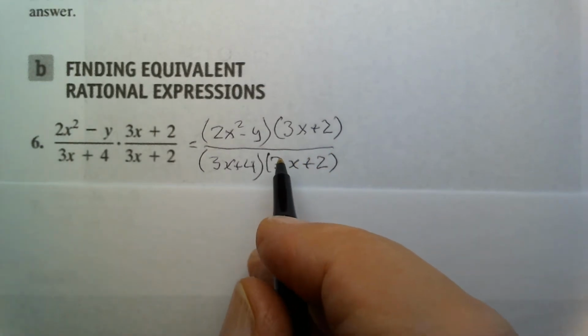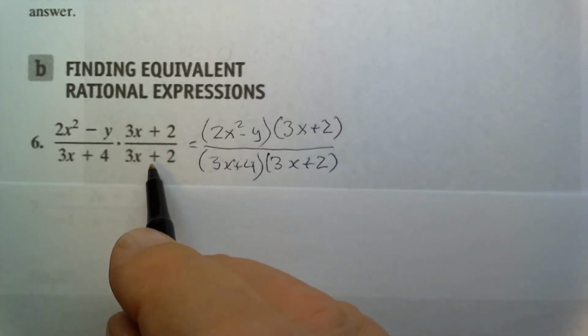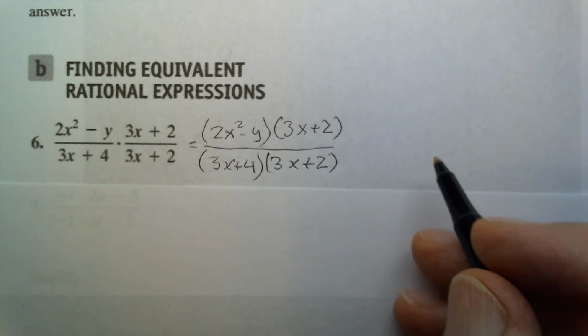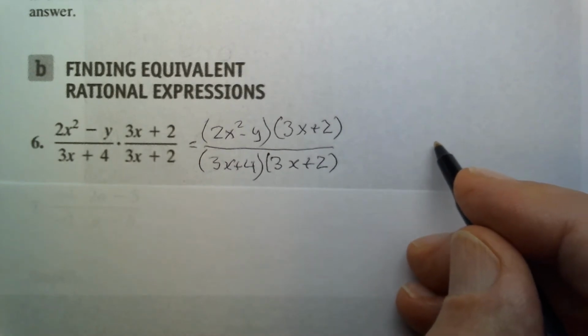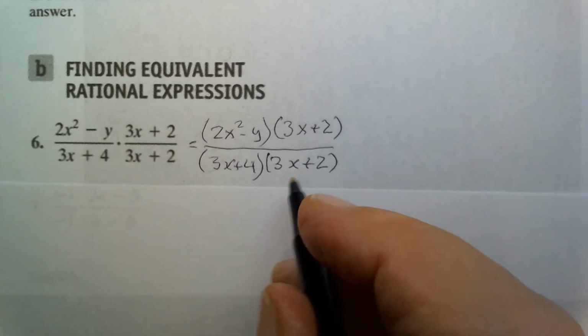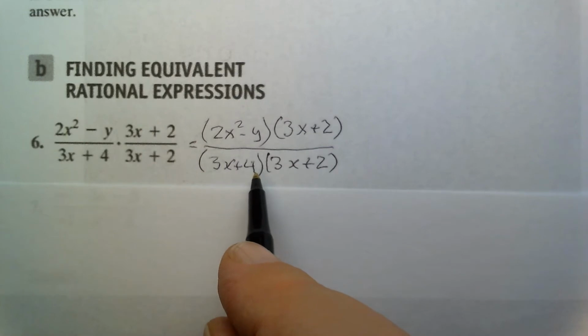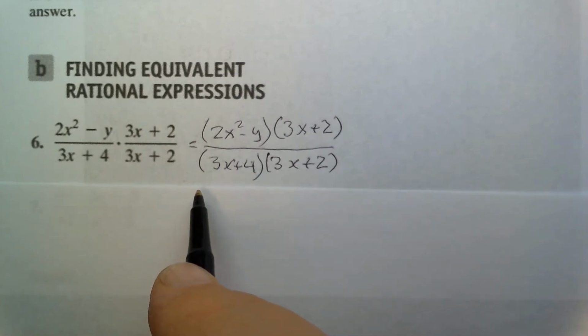These expressions are equivalent because 3x plus 2 divided by 3x plus 2 is equal to 1. And we know that any number, including rational expressions, multiplied by 1 is the same expression. So multiplying anything by 1 gives us back whatever we multiplied with.